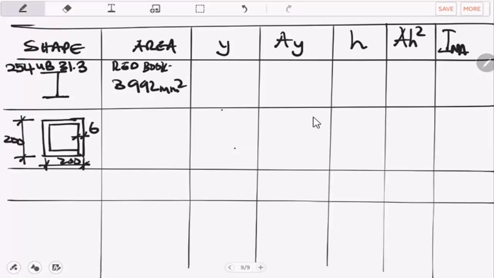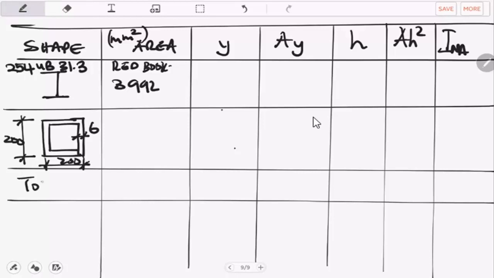So the units of measurement we put here are square millimeters. You don't have to calculate the area of the flange, then add the web, then add the other flange. No, because you are already getting it from the Red Book, so there's no need for that calculation.